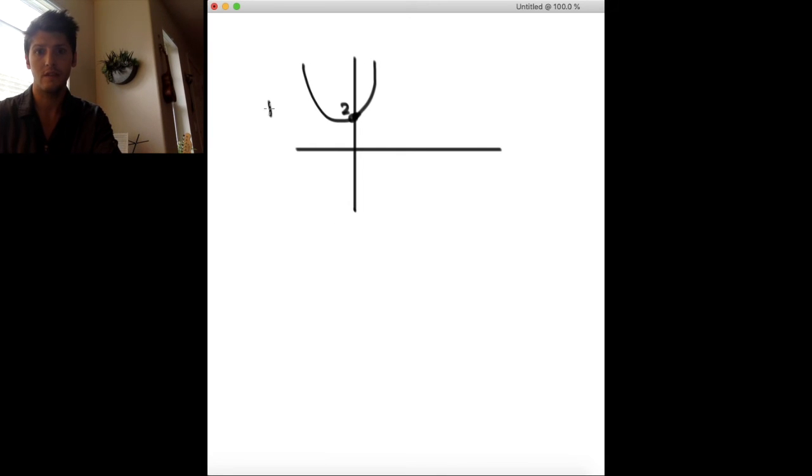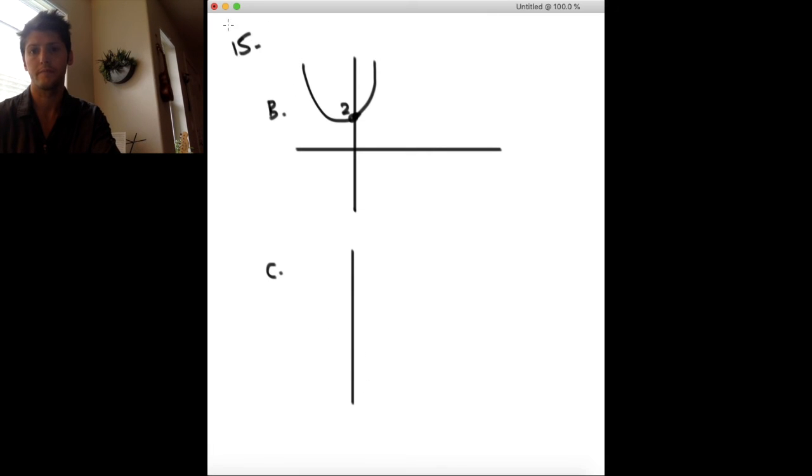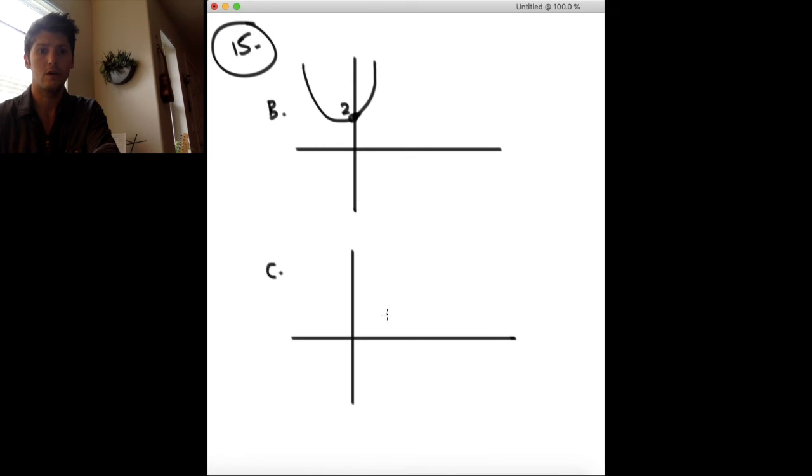Answer choice C, you could notice, so this is still number 15. Let me write that up here, 15 still. For C, you have this value of 2, but then you have things getting smaller when x gets a little bigger. So what I would say is, what happens when x equals 1? If I didn't know about these other things that I've already shown you. So what happens when x equals 1?